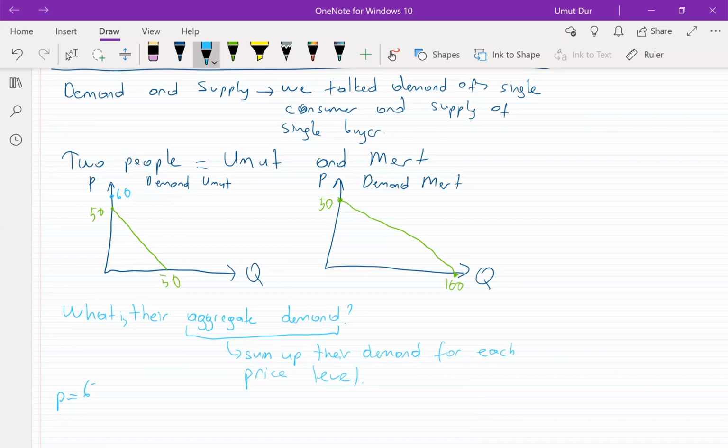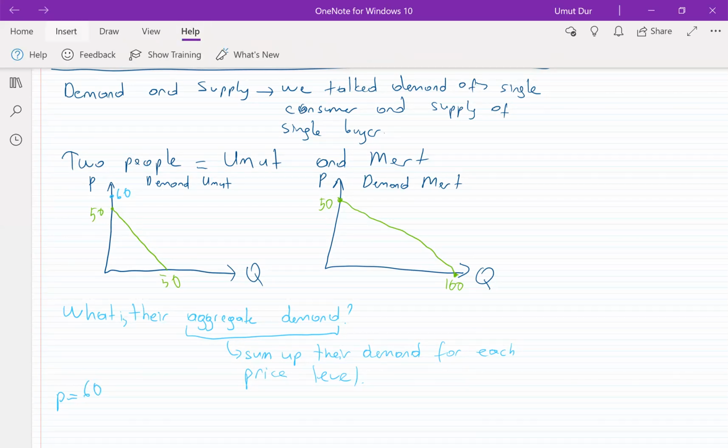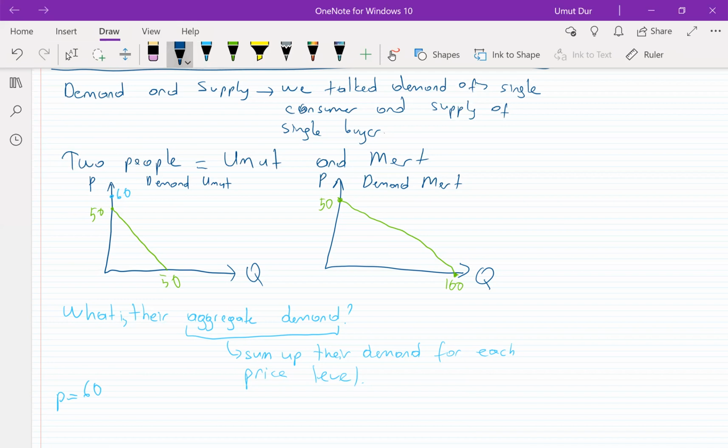When price is 60, let's say this is Umut and this is Matt. What is the demand for Umut when the price is 60? Does Umut demand anything when the price is 60?